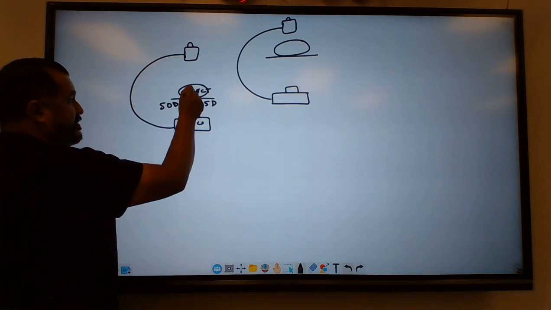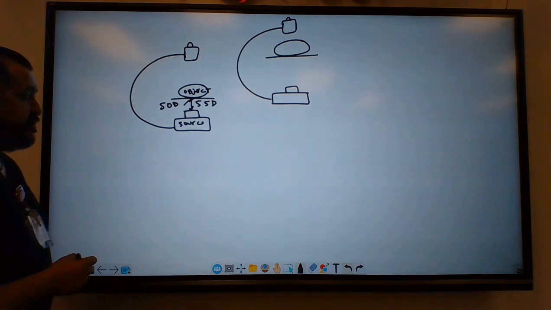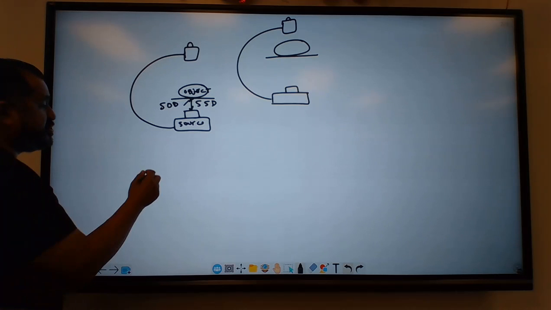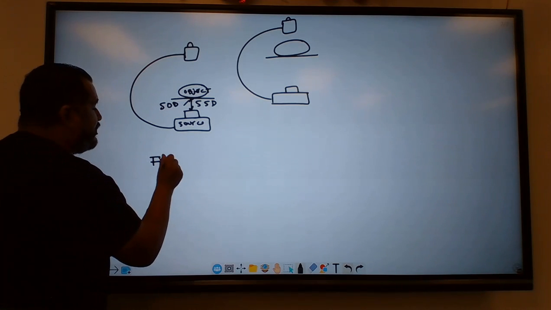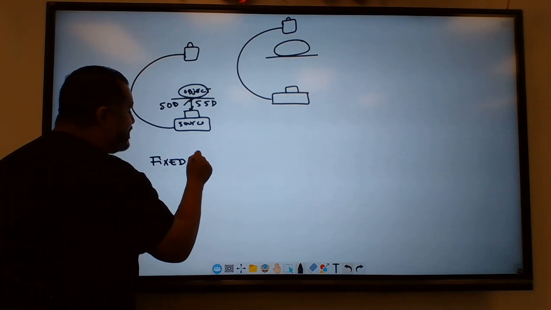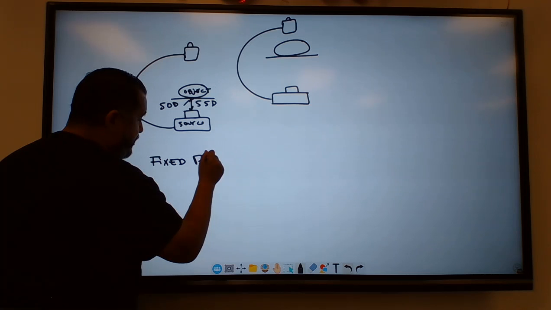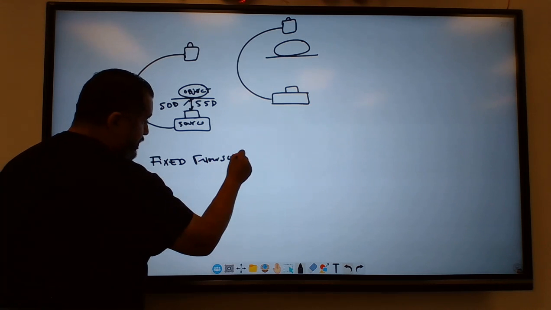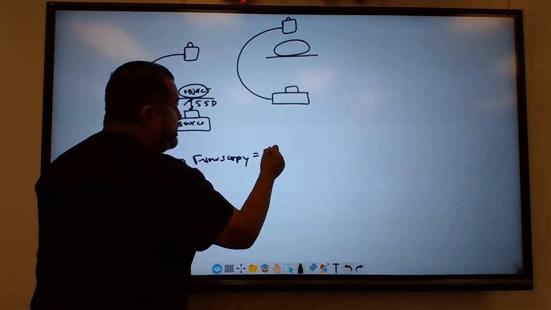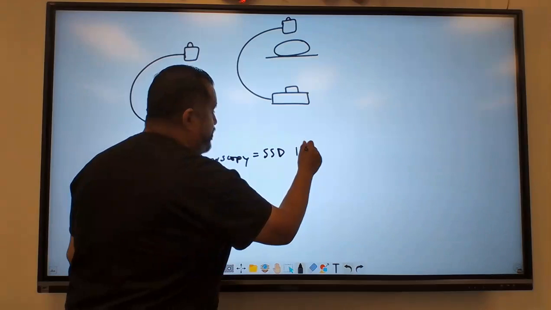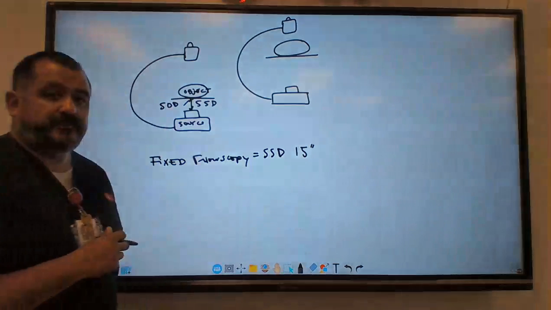It's the distance from the source to the skin. So when you're talking about fixed fluoroscopy systems, your SSD should be 15 inches.